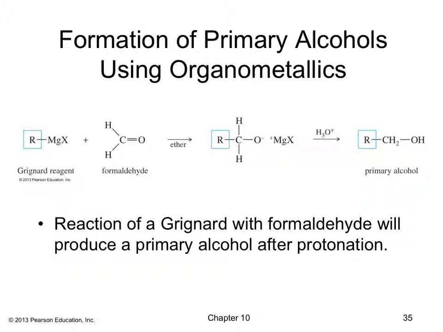So you can form primary alcohols using organometallics. Here's a Grignard reagent in the presence of formaldehyde. Again, you can redraw them as R minus and MgX plus.